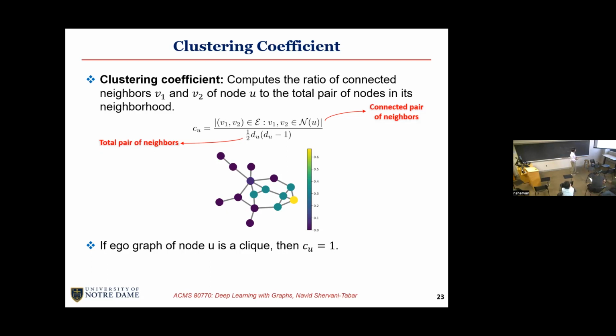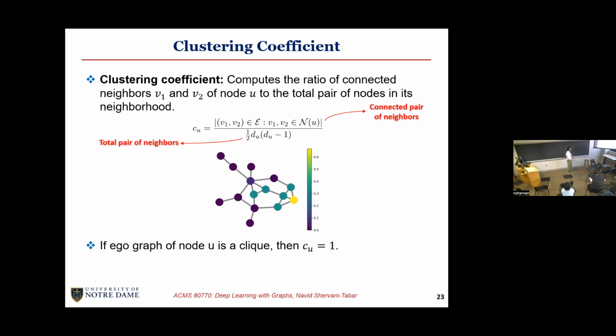Again, you look at the denominator, you see that it has 2 roots, du equal to 0 and du equal to 1. So if any of these happens, this CU is not going to be well defined. So by convention, we say that if a node is disconnected, its CU is going to be 0.